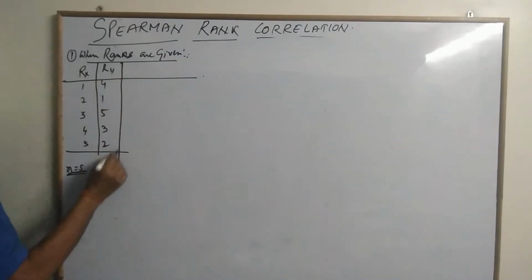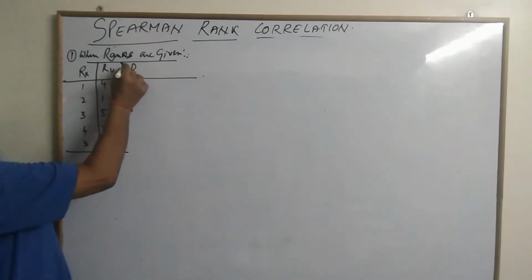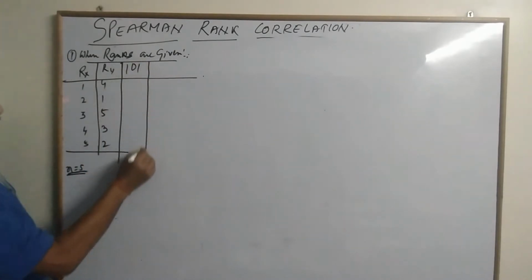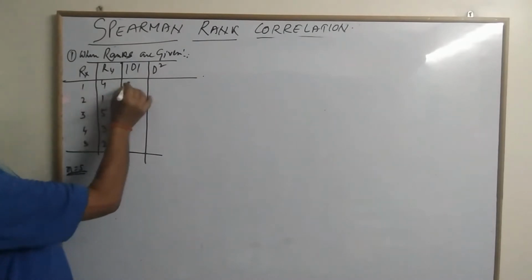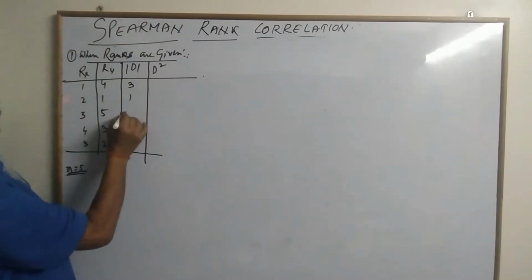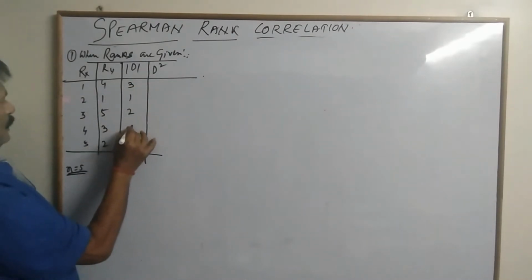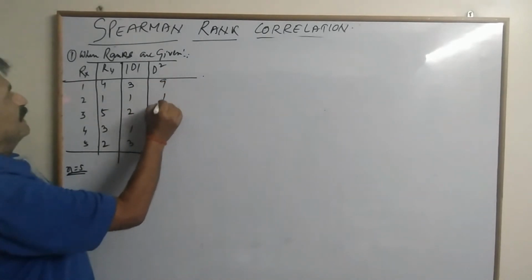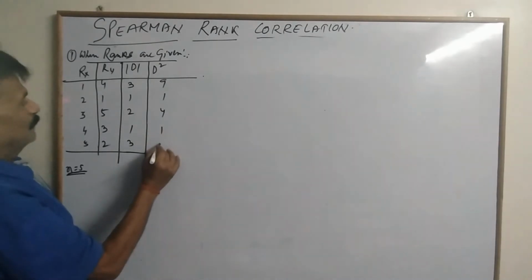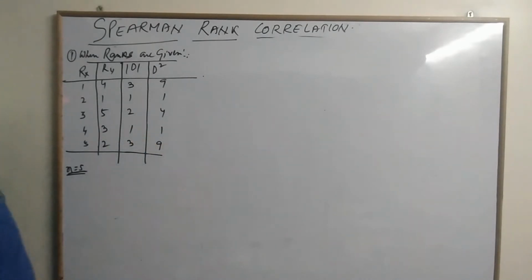Now from this, we have to find the absolute D, ignoring the negative sign, and then D square. So this is 3, 1, 2, 1, 3. Squared, 9, 1, 4, 1, 9.